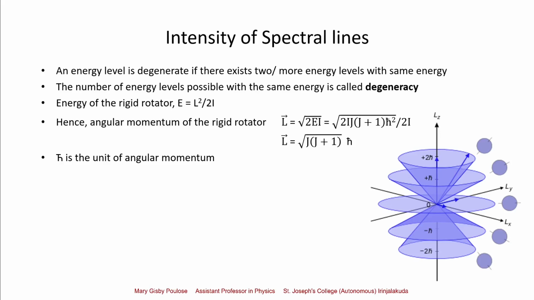Now, when the angular momentum value changes, if it has integral values of 1, 2, 3, etc., it will start to wobble along the Lz axis. It will rotate along a cone with the central axis Lz. So depending upon the different energies, it will rotate along different cones seen here in the picture.